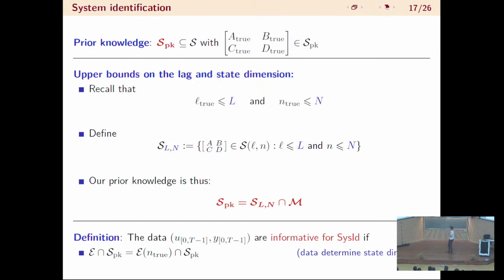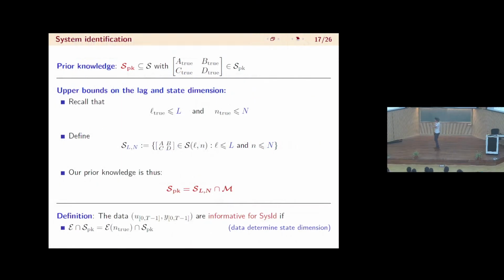Well, using that, we had the following definition. So the data U, Y are informative for system identification if two properties hold. The first property is that on the basis of the input-output data, one is able to determine the state space dimension of the true system. Let's have a look at what that means in terms of formulas.